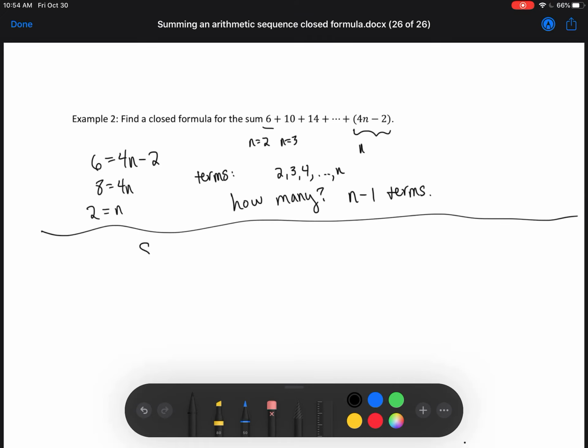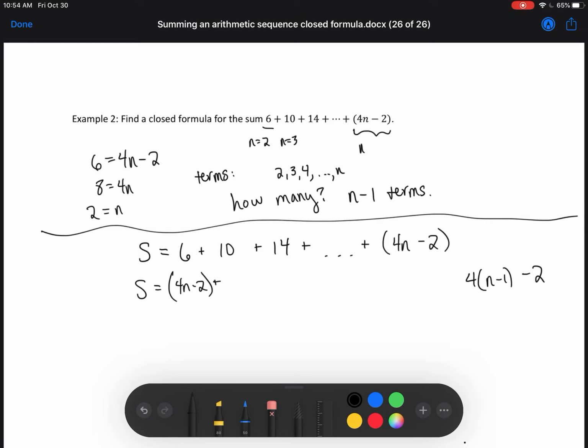All right, the next thing to start calculating the sum is we're going to write it down just like we did before, up to 4n minus 2, and then we're also going to write down the same sum but backwards. So 4n minus 2. So this term right here that I want to write down is going to be if we plug in n minus 1.